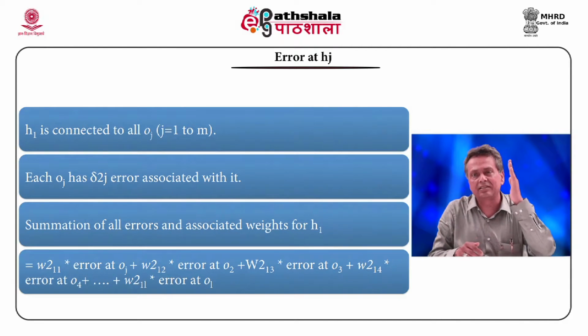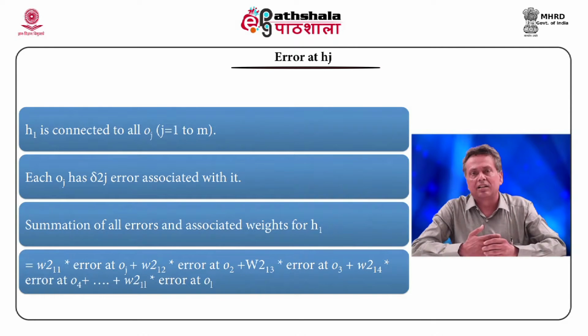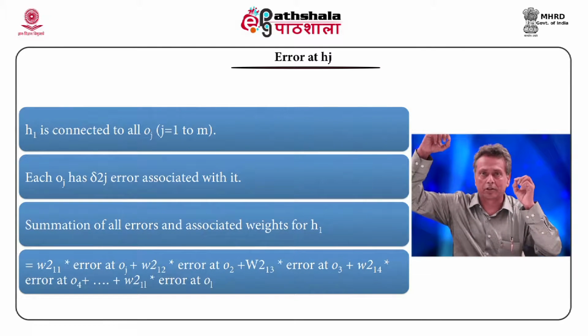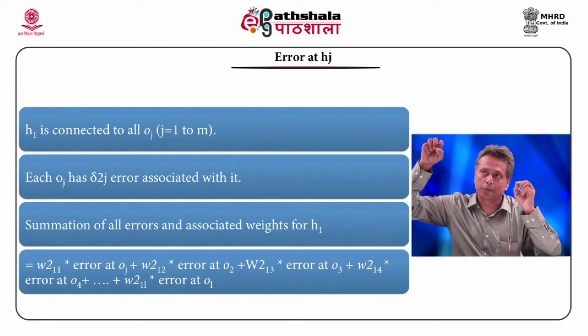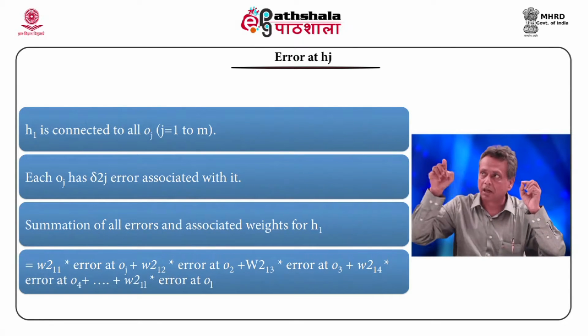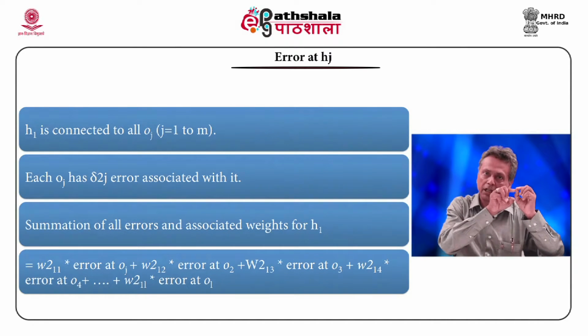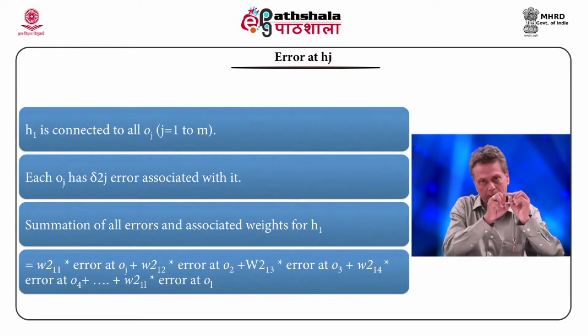So, basically it calculates that this way. This is a hidden unit, this is an output unit. It says that the error at this output unit is multiplied by this weight, the error here is multiplied by its weight, the error here is multiplied by its weight.